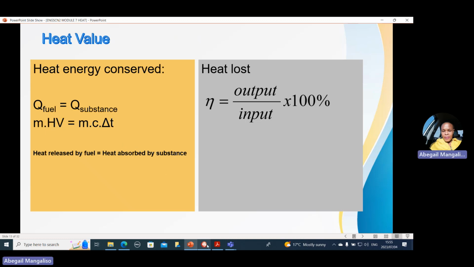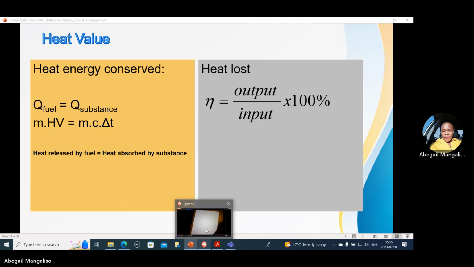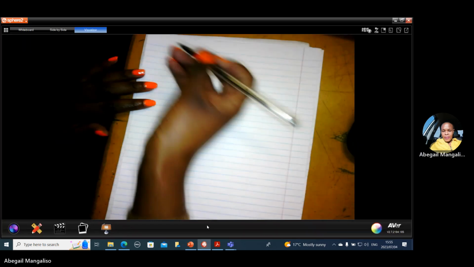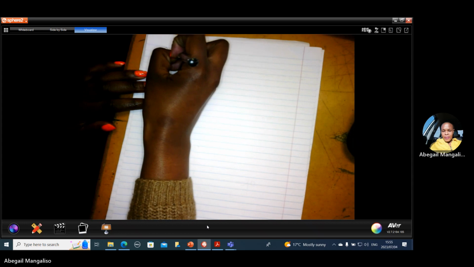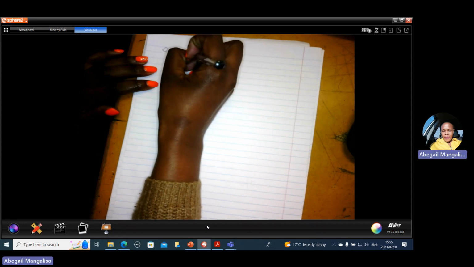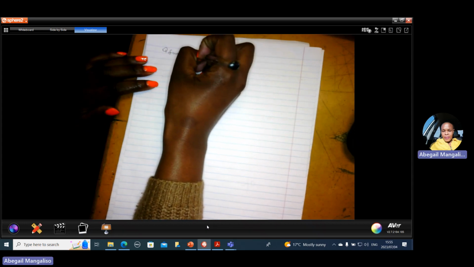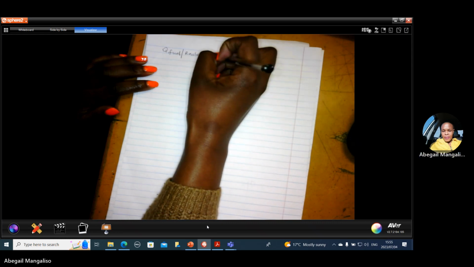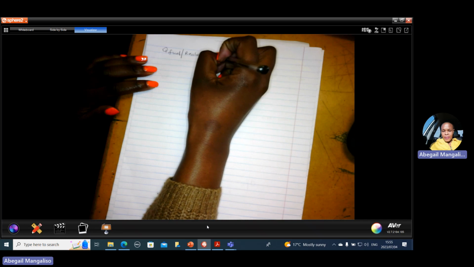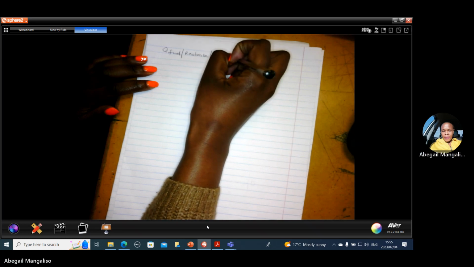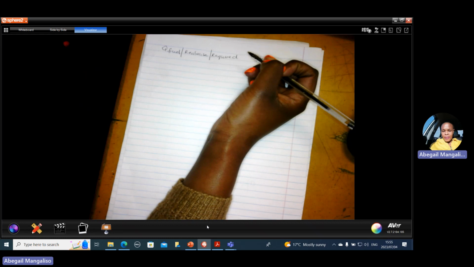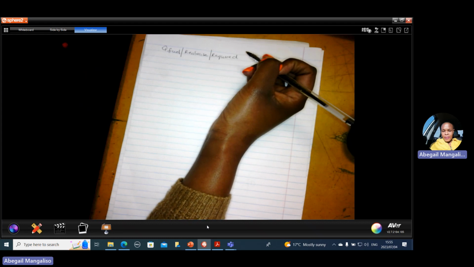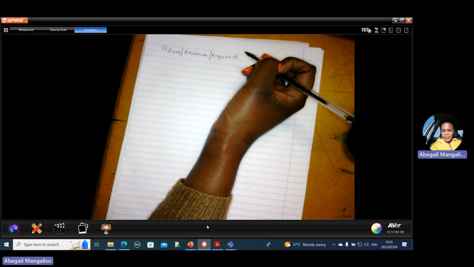Now let's have a look at this. Q fuel is released, it's also the Q released. Also, fuel is required. If a question says calculate the heat required, it means it's looking for the fuel, or the input.